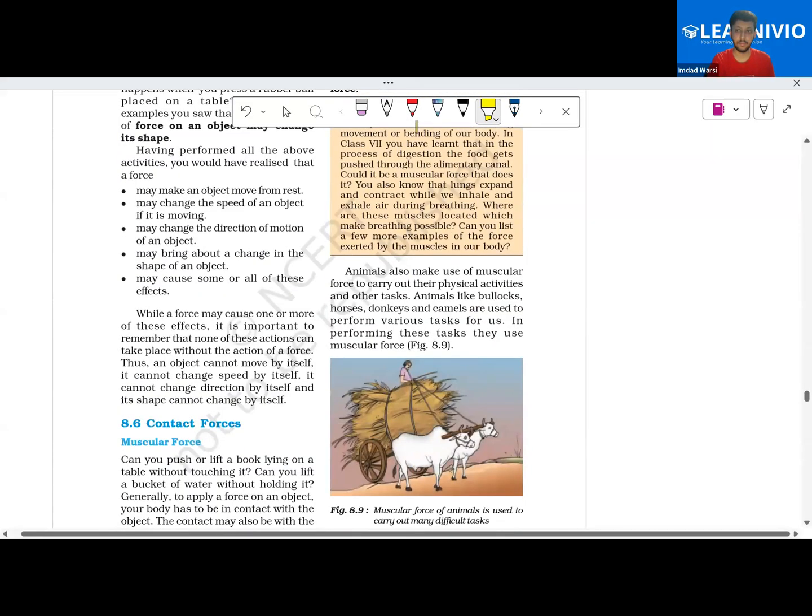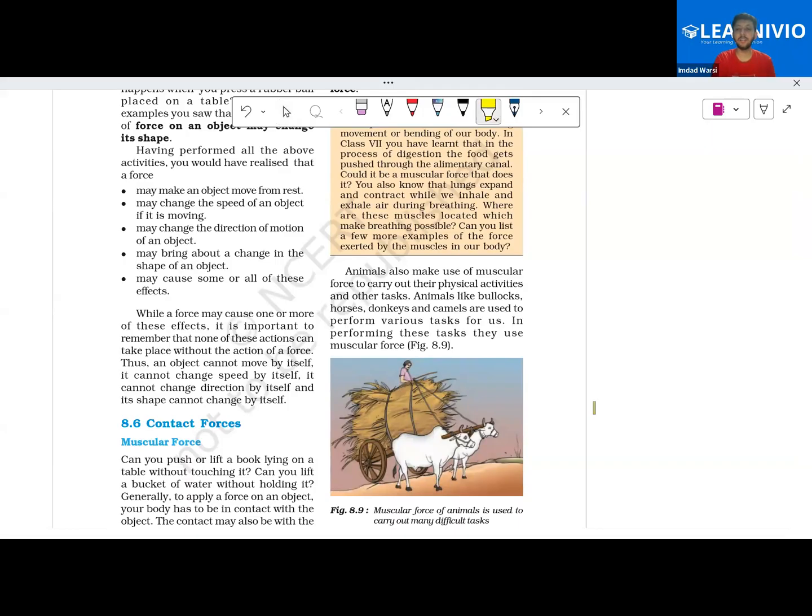Can you tell me what type of force a rocket uses when it is being pushed to go up?